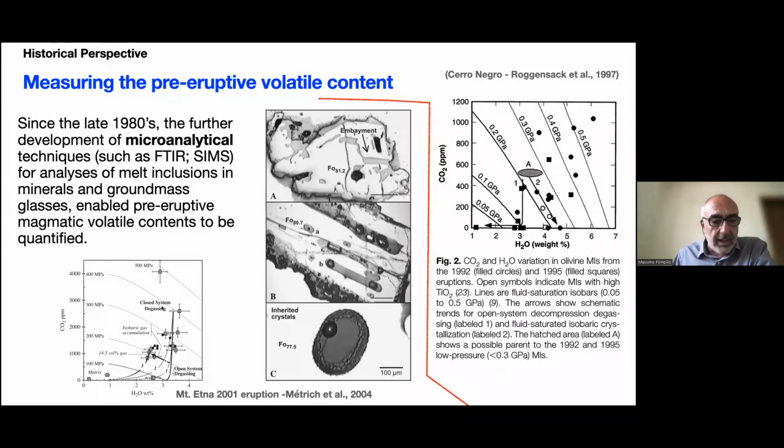A similar paper for the eruption of 2002, in which she estimated also the pressure of re-equilibration of melt inclusions, so that we know also the pressure of the storage of this system before the eruption. It's the first time that this is done.